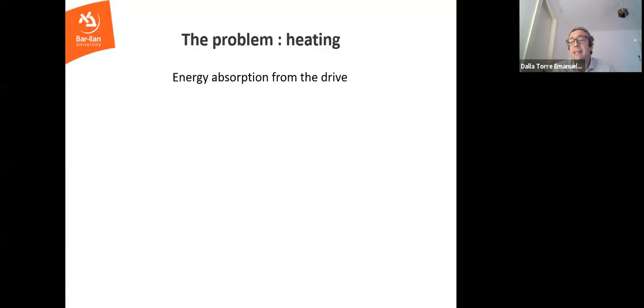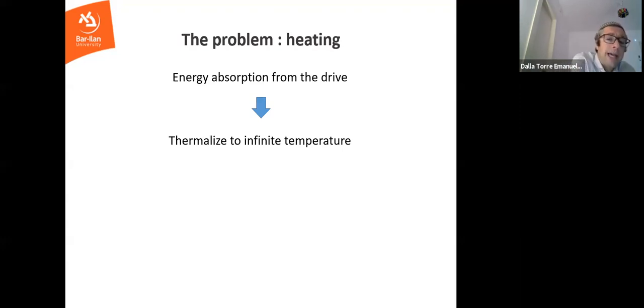But in a synthetic system that does not have phonons, so there is no bath, it's an isolated system, and you pump it more and more, and the energy just increases as a function of time. So eventually you will reach an infinite temperature ensemble, where the system thermalizes to an infinite temperature ensemble, just because it's absorbing more and more energy.